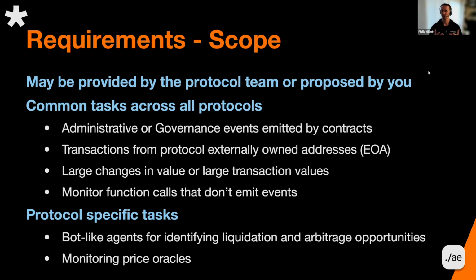So really developing bots. Forta allows that capability where you can have effectively a bot running as an agent to trigger on these and raise alerts like, hey, these values are getting kind of out of whack. There's a good opportunity here, or maybe something's going wrong with the protocol because that shouldn't exist. And then price oracles. There are far too many exploits that have to do with price oracles, so it's critical to monitor that and spit out an alert if something funny is going on there.